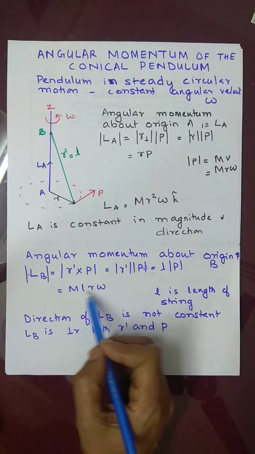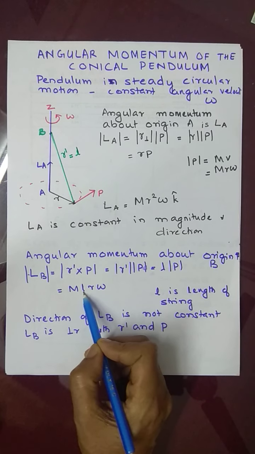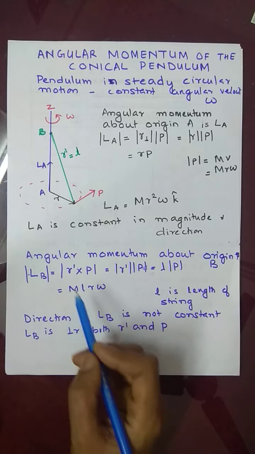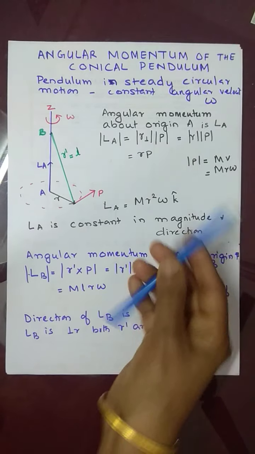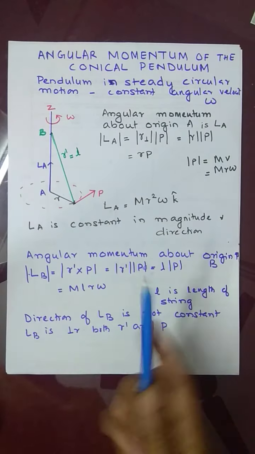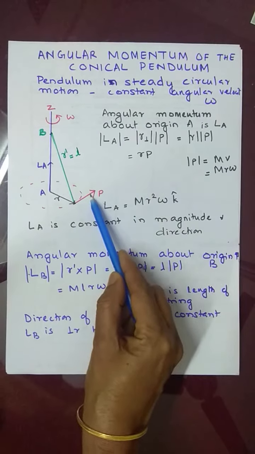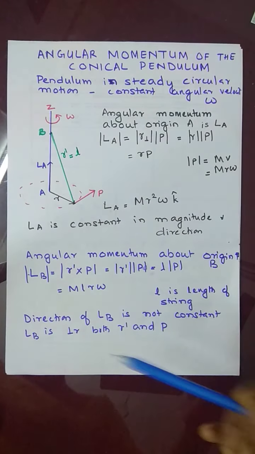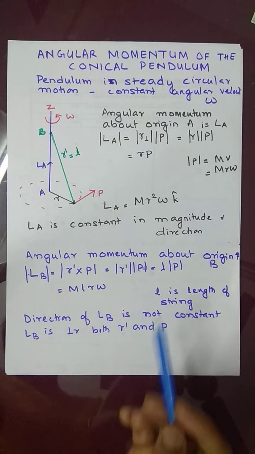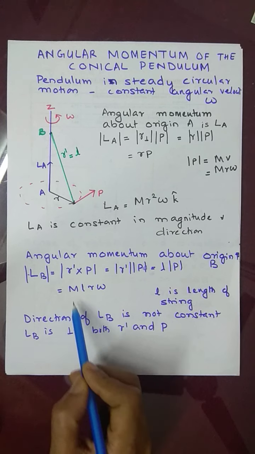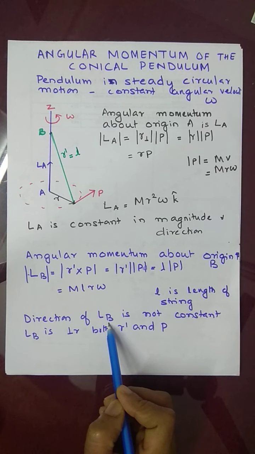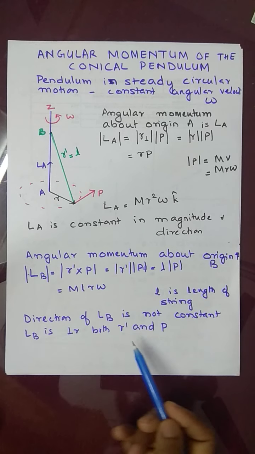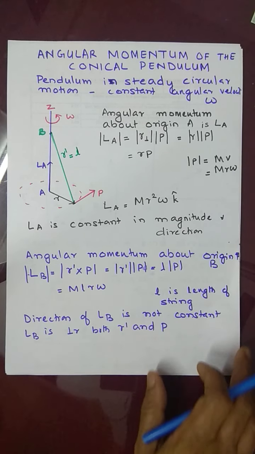You can substitute m r omega into L. So this is the magnitude of angular momentum at origin B. And the direction, I have shown you, keeps on changing because the plane is rotating. Perpendicular to the plane of R dash and P, you have the angular momentum. So the direction of angular momentum with respect to origin B is not constant, and it is perpendicular to both R prime and P.